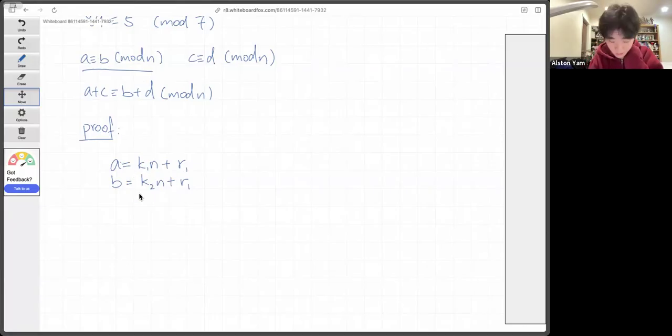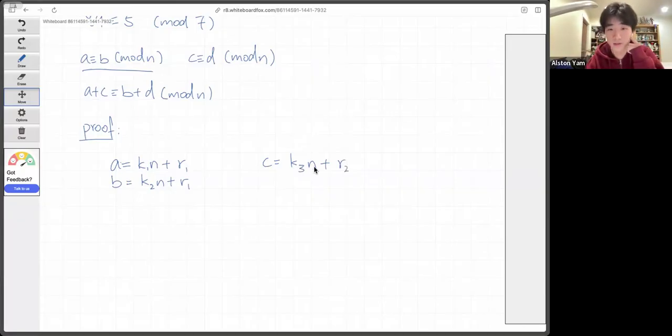And in a similar way, we can write C is equal to K3n plus R2, where K3 is some other integer. It doesn't have to be the same integer over and over again. C doesn't have to be K1 or K2. And we also have R2 in this case, right?